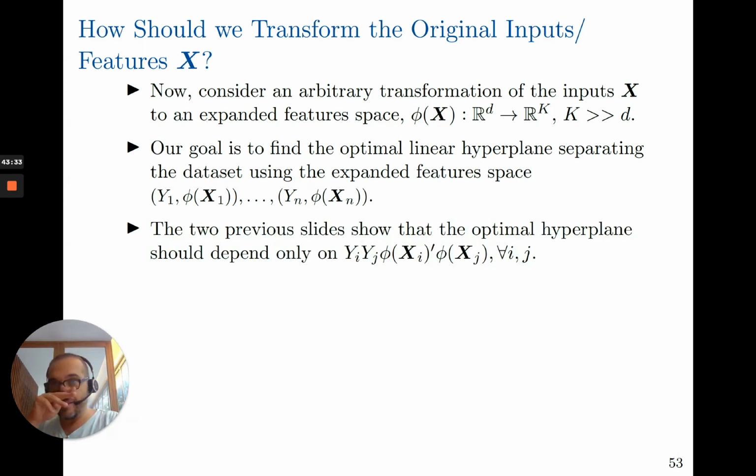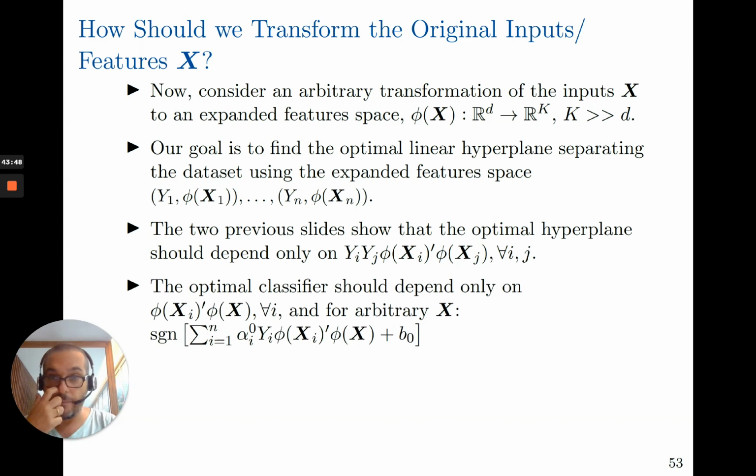Okay, and from the previous slides, our optimal hyperplane now will be defined by yi, yj, phi xi transpose phi xj. Okay, because we have this new set of variables. So the optimal classifier depends only on the inner product of this expanded space.